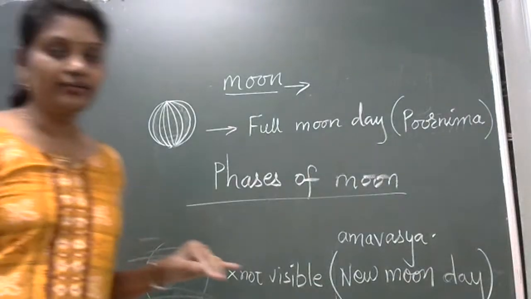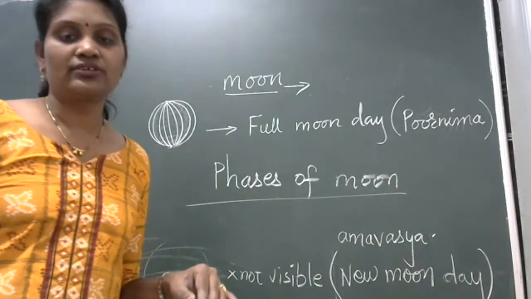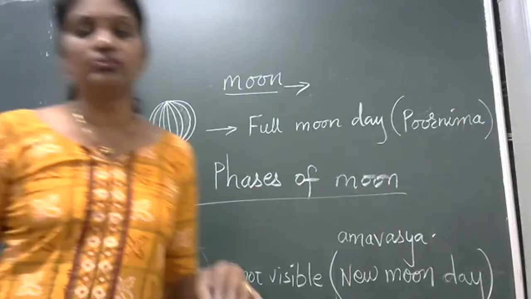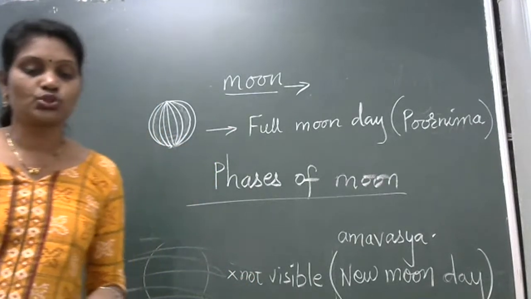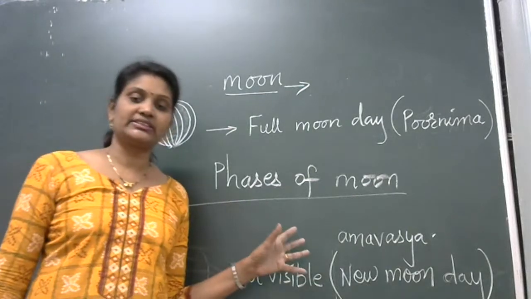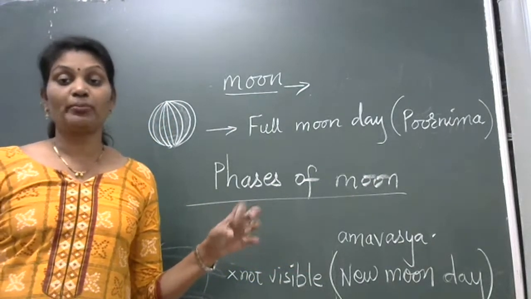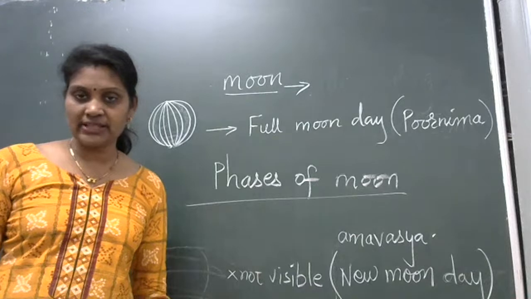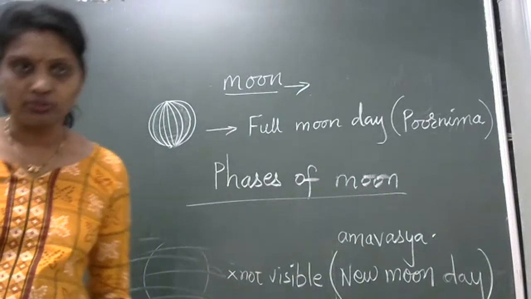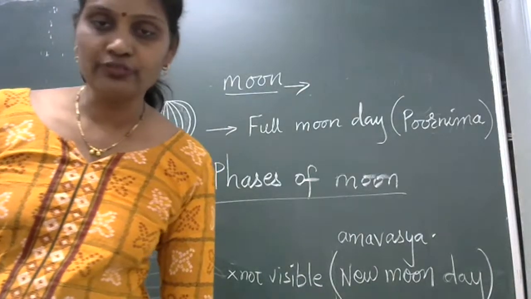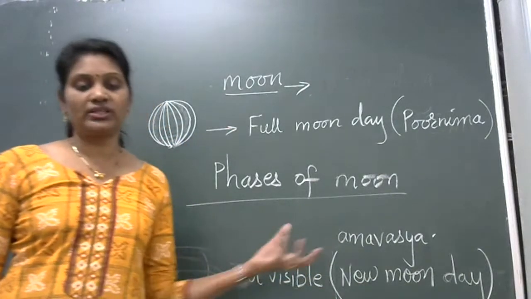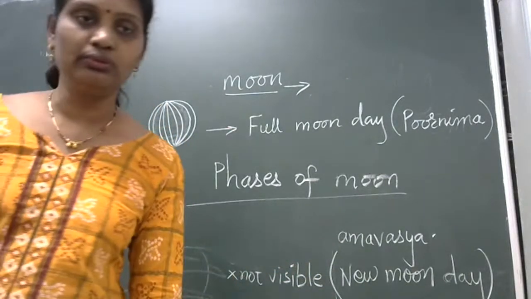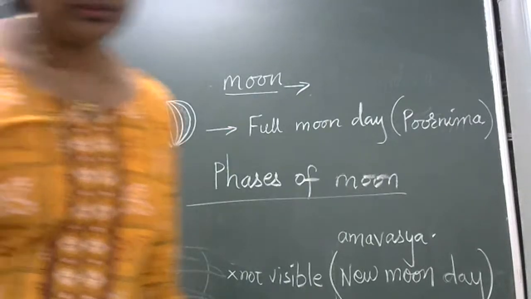What is it called? It is called as phases of moon. Understood, students? So this part phases, और ये जो है वो मैं कल तुम्हें वीडियो दिखाऊंगी इसका. Understood? Tomorrow. Is it clear? Phases of moon कैसे phases होते हैं वो मैं कल बताऊंगी आप लोगों को. Is it clear?